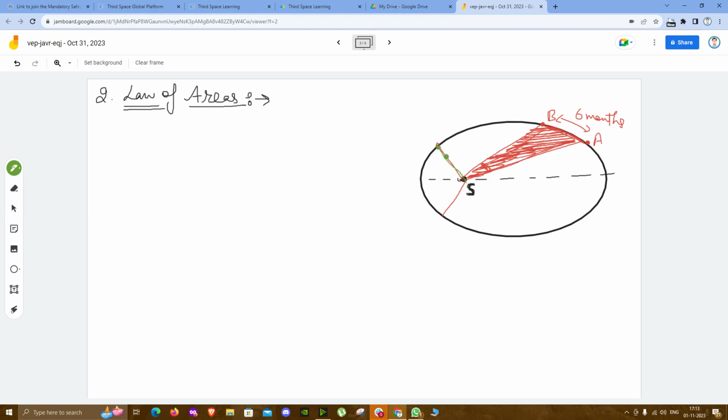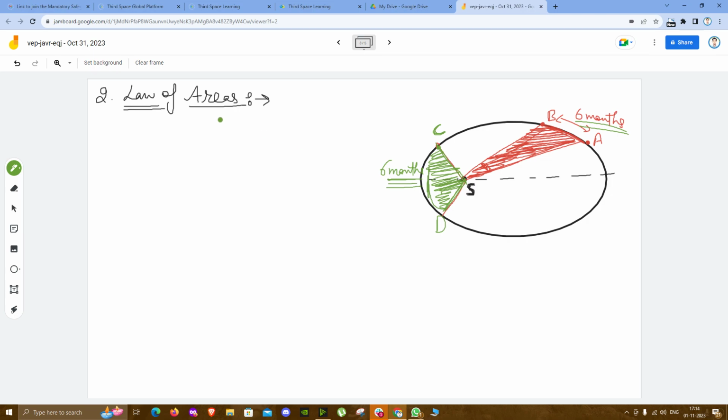This is winter time, so let's say we have green here. So here, let's say this is point C and this is point D. Now let's say from C to D, the same planet took 6 months as well. 6 months here, 6 months here. See, the time period is the same.